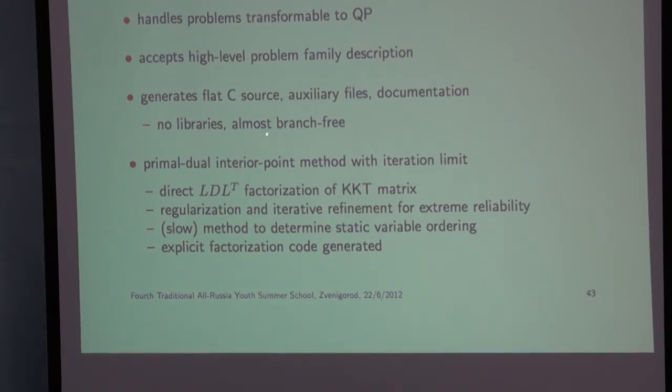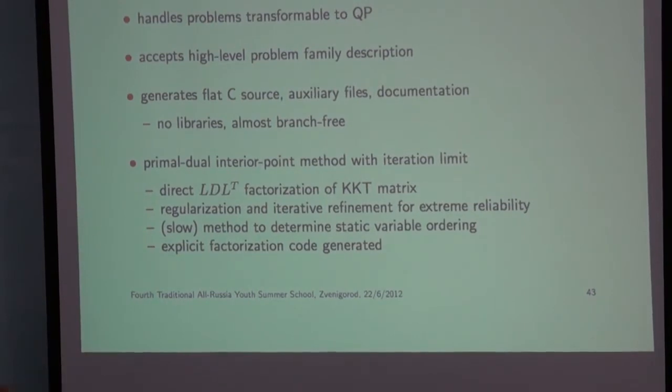It's almost branch-free because the code that's generated is completely explicit. And what this means, if you know about these things, is that the compiler goes insane. It has a heyday. This is a compiler's dream, right? Because it's completely explicit. It says, get that number, get this one, multiply them together, add it to this thing, and stick it there.